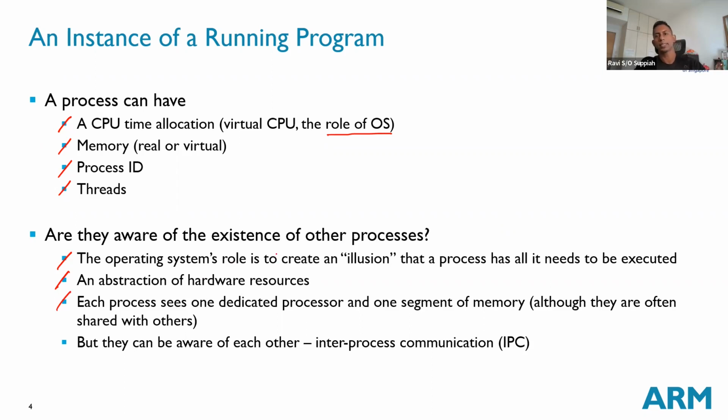Even though the processor is being shared, and the whole memory is being shared, the process itself has this illusion that the processor is dedicated to that process alone. Similarly for the memory, though you have a lot of memory, you have one portion already set aside for that particular process. Of course, there are techniques to allow processes to talk to each other, which we will also explore later on, but we will look at it more from the inter-task communication.